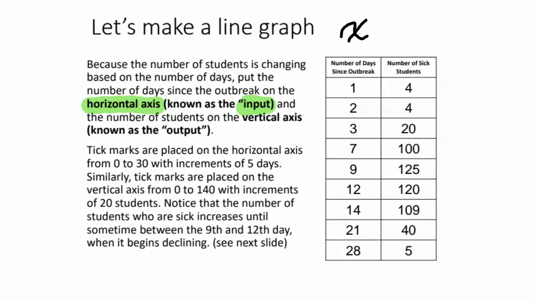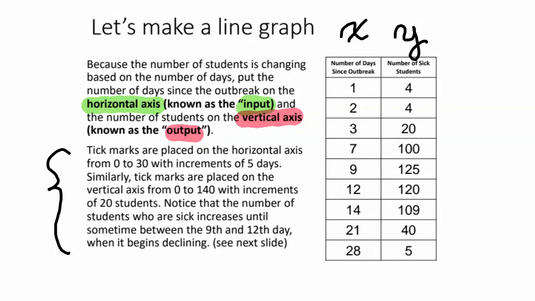The vertical column is known as our output, and our output is the Y. Now, this is something you may want to take note of, because when you graph, you are going to have to make some decisions on how to create this graph.